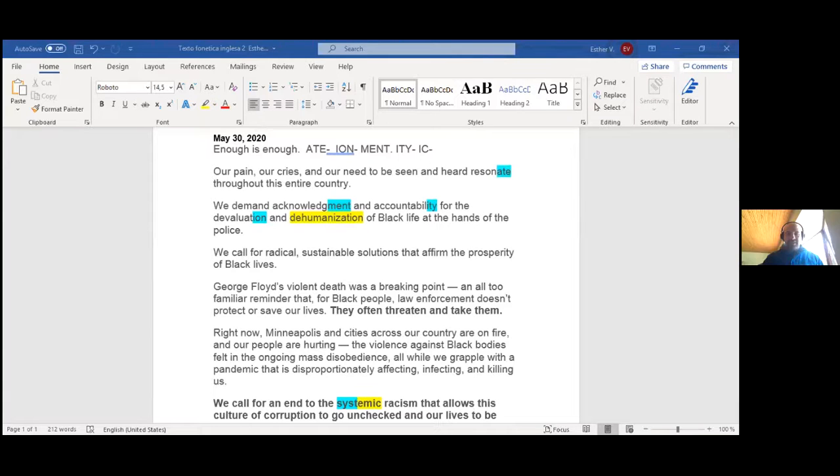But knowledge comes from probably know, right? So know, knowledge, acknowledgement, right? So acknowledgement would be stressed on the second syllable. Is that true or false? Acknowledgement.